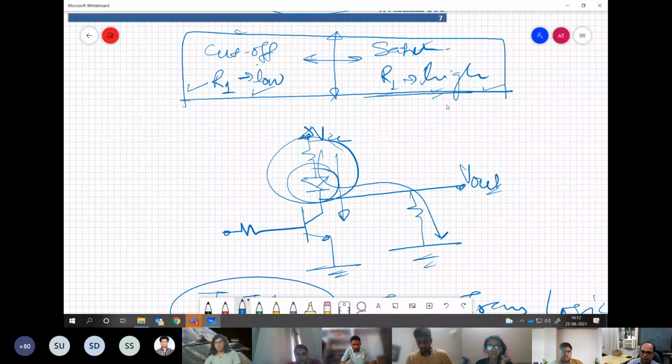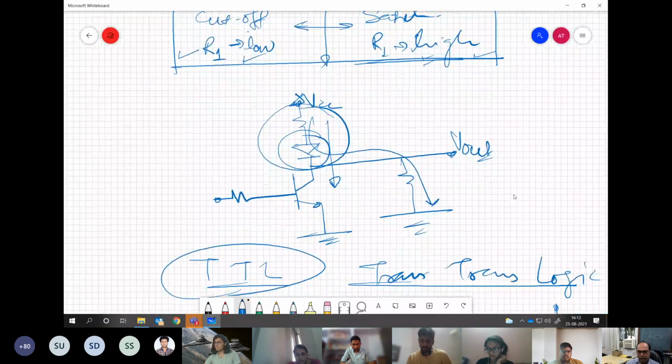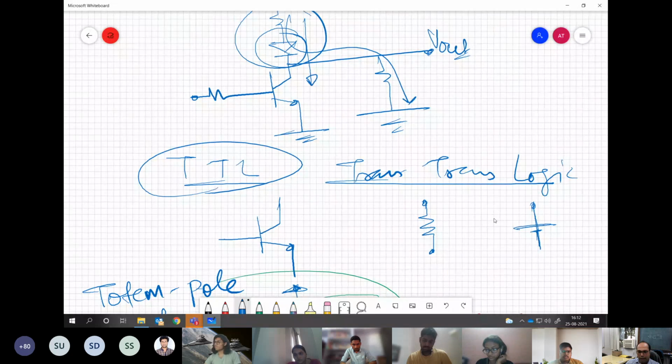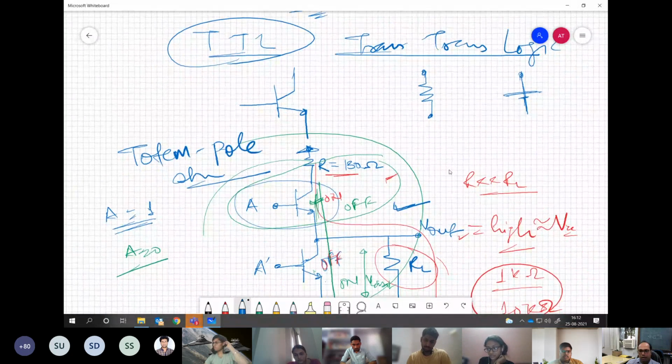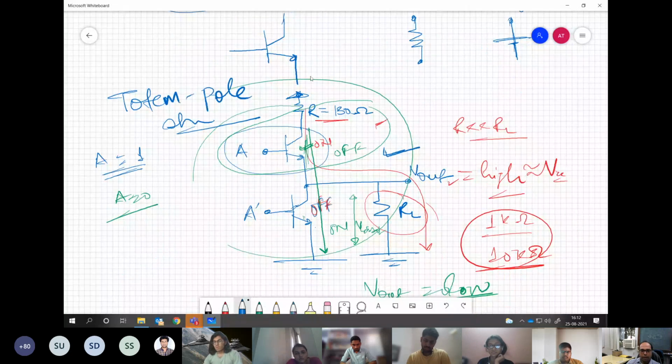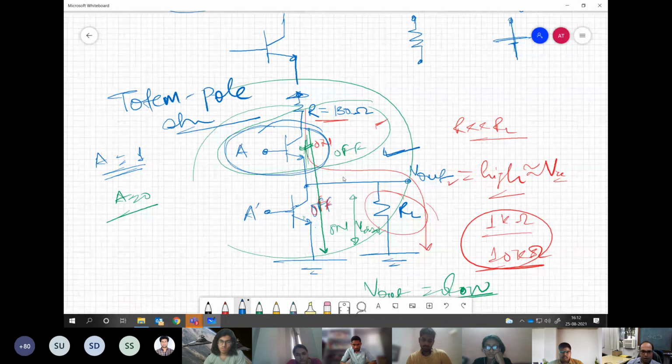Now we try to manage that through another transistor, and that is where the new technology called transistor logic comes up, where the requirement for high resistance during saturation and low resistance during cutoff is managed through another transistor in series, or you can say two transistors connected on top of each other.